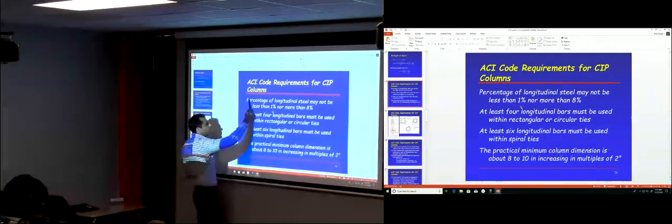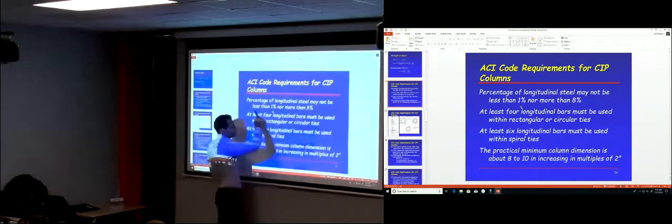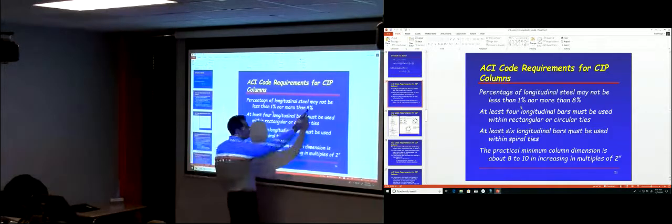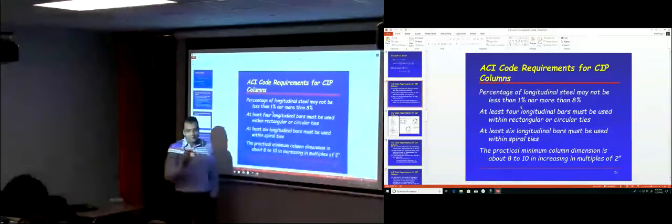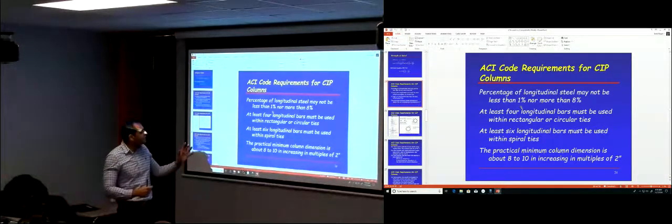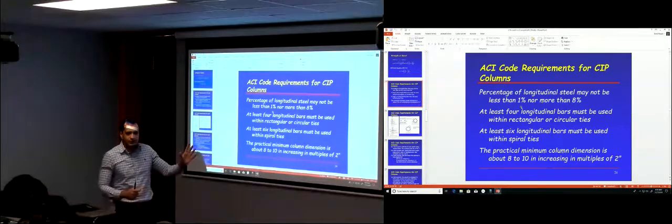Here, about this regulation, there is a very important thing. This number here, 8%, might be misleading sometimes. Why? So the first question is, why does the ACI code require that maximum 8%?